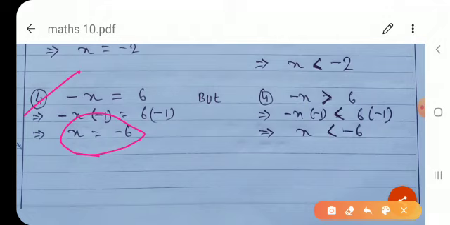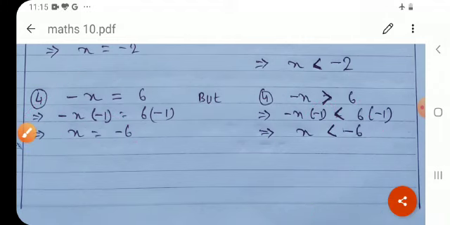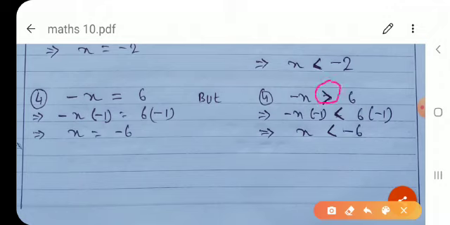But in the inequation, minus x greater than 6, both sides multiplying with a negative number or negative integer, then and there my symbol changes. You see the symbol, which here is greater than, directly becomes less than. That means x less than minus 6.